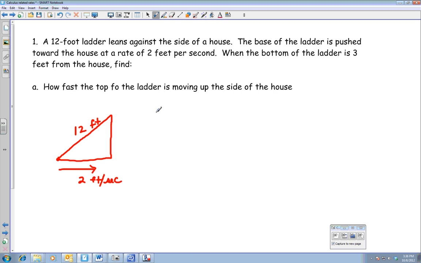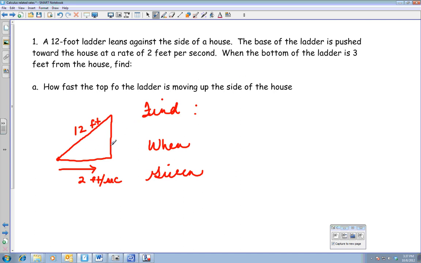All right, so step 2 says to symbolize. This is where we're going to write our find what, when what, given what. So find what? They said find how fast the top of the ladder is moving up the side of the house.